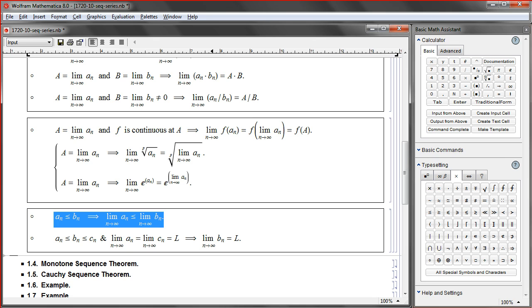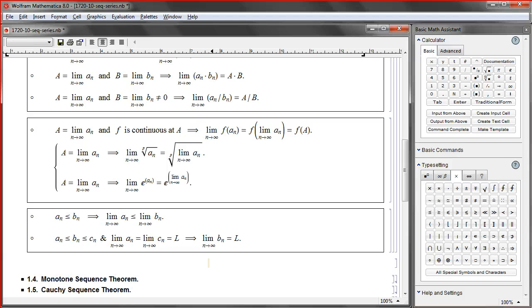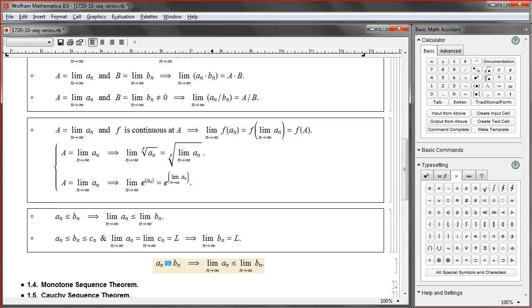Final comment. If you have strict inequality, does it mean the limit of Bn is strictly bigger? The answer turns out to be no. It is possible to find examples where we have the same limit, even though the right-hand side is strictly bigger.